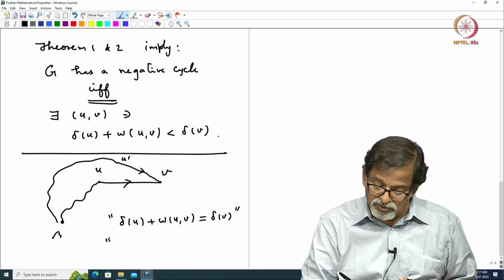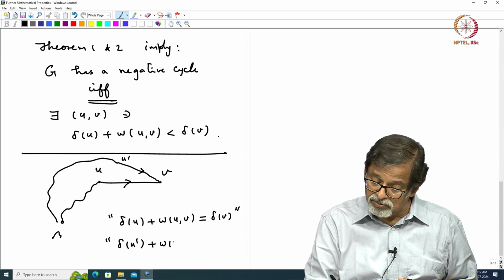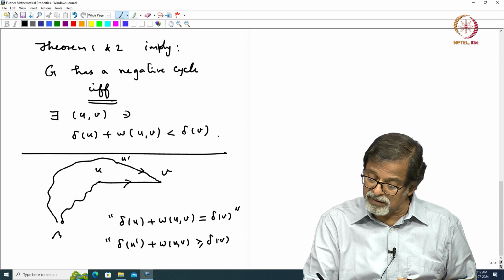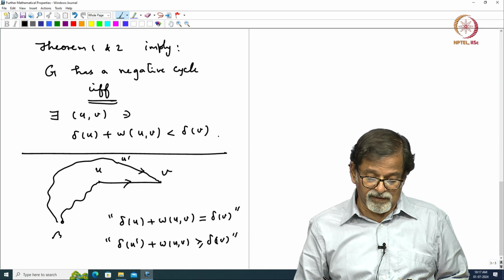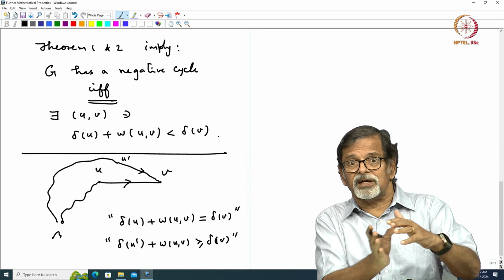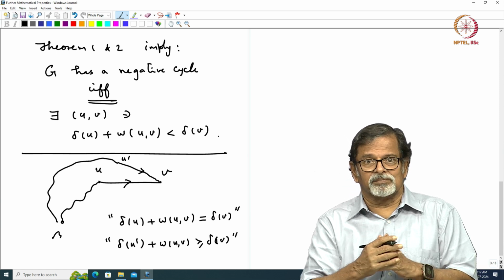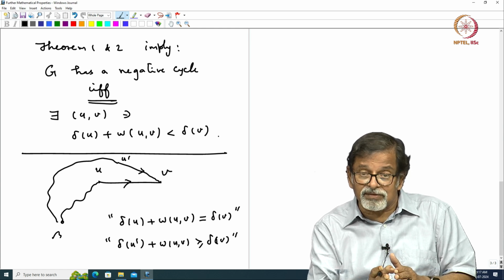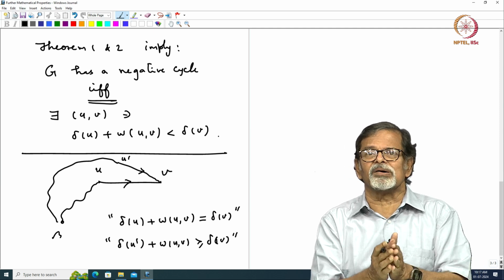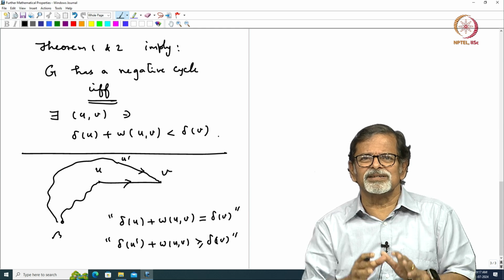Therefore, you would expect delta u dash plus w u dash v is greater than or equal to delta v, right. If you reach v in any other way, that will define a longer path, but if you reach via u, that is going to define the shortest path. Any other way is going to be longer. This is a kind of intuition.